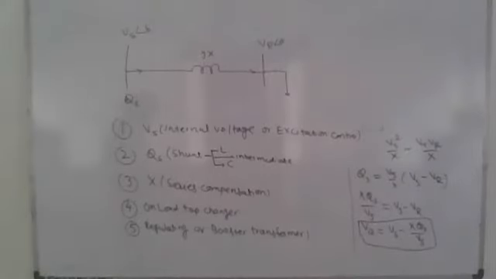There is another method, that is the dynamic control method, meaning we are using generators and motors. Based on the location of the compensation component, we can classify or control the voltage.